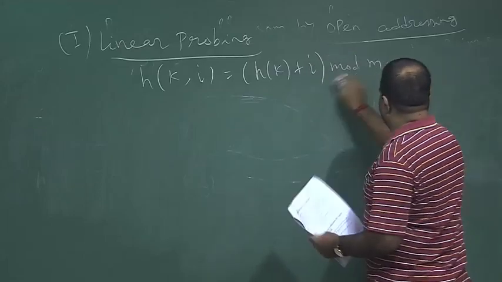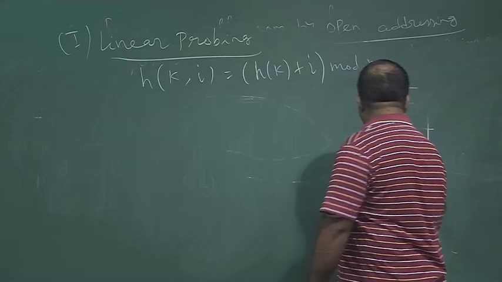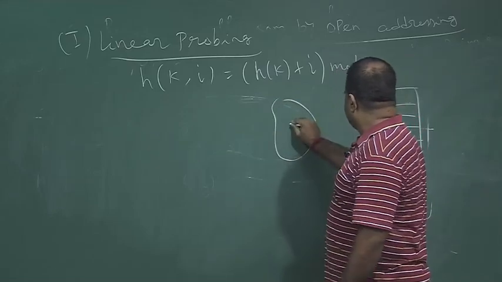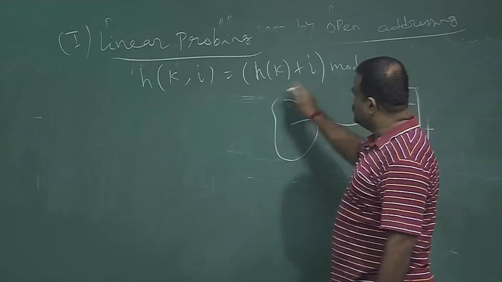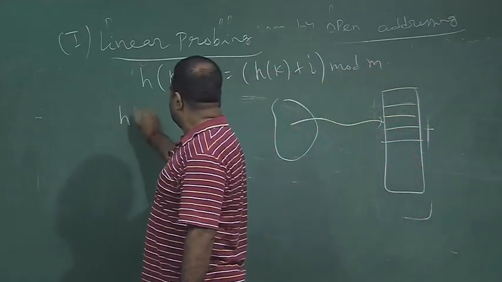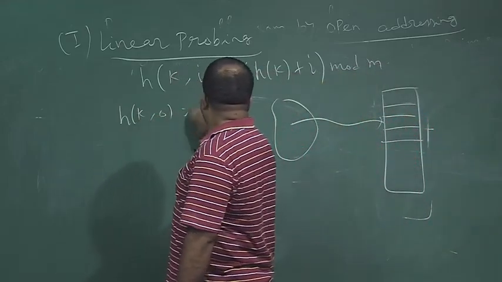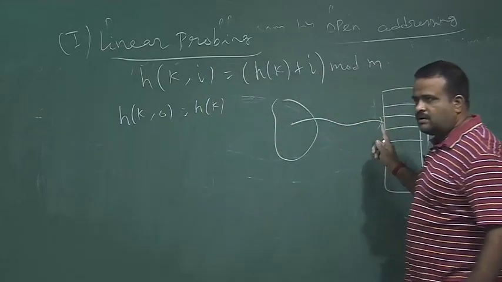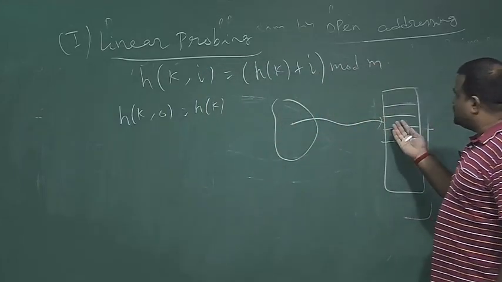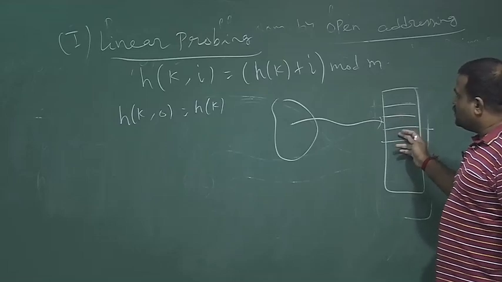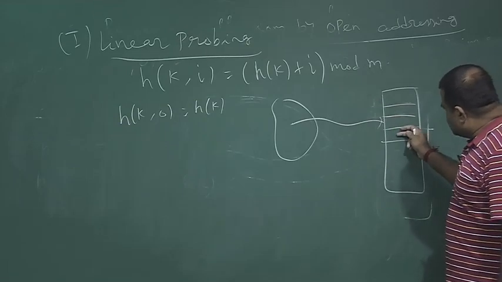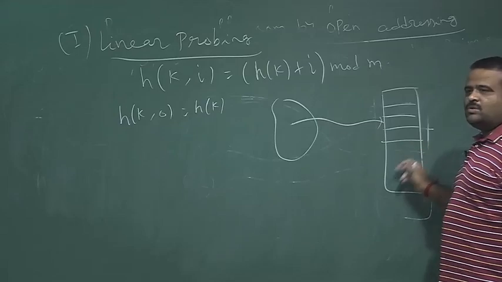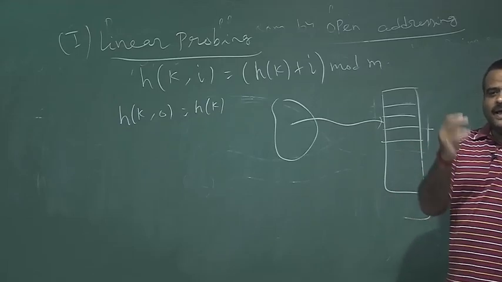That means, if this is our table, we apply h of k first. This is the 0th probe. If i is equal to 0, then it is basically h of k mod m, obviously. Now if this is not empty, then we have to go for i plus 1, the next slot like this. This way we will keep on searching until we get an empty slot.